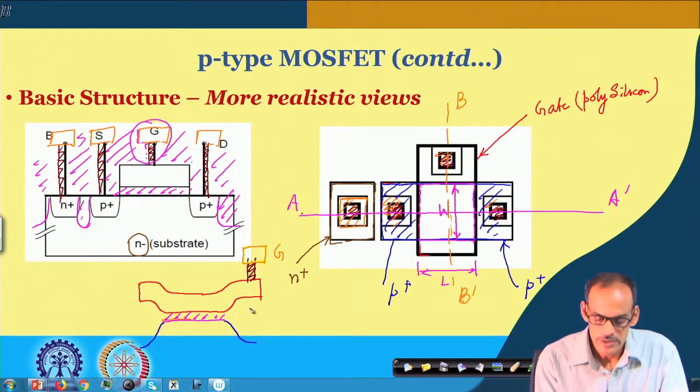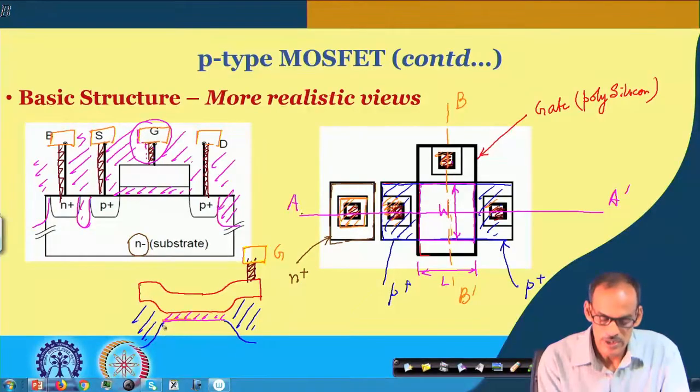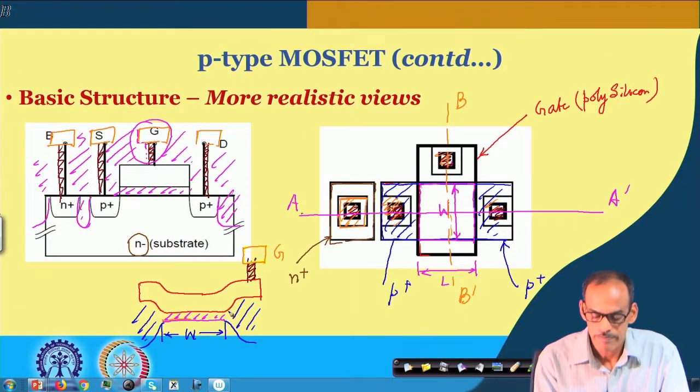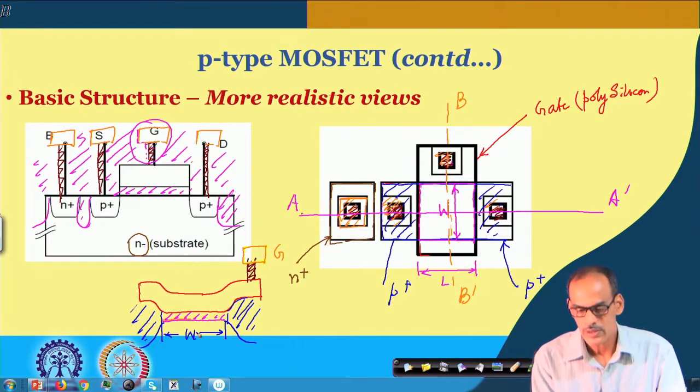In fact, this portion is also silicon dioxide, but actually beyond the channel region. So, you may say that this is the width of the channel, and this is the edge of the channel, and this is the extension of the gate beyond the channel. Underneath we do have the field oxide like this one. In fact, this structure I have not covered for the NMOSFET, but it is similar there also.